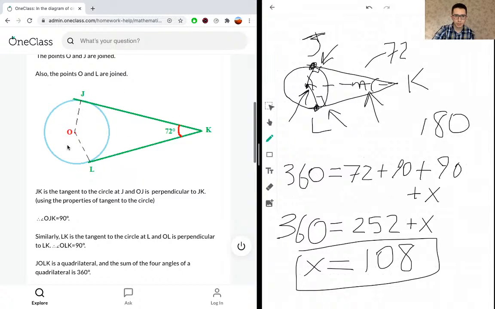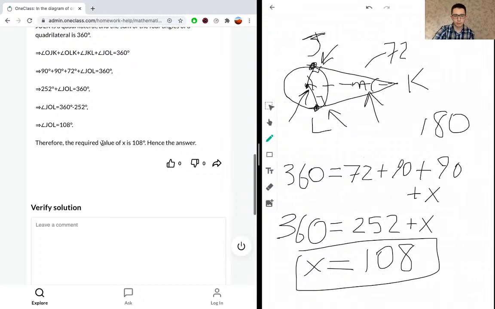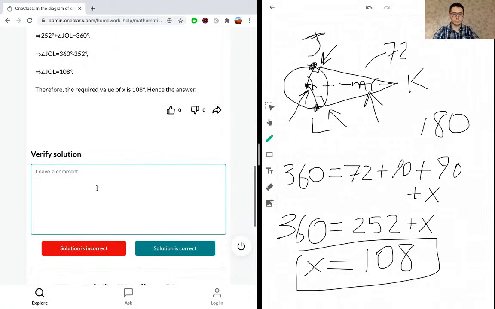So JOL, angle X is over here. And then you get the angle 108. So that's the correct answer. All right, so there we go.